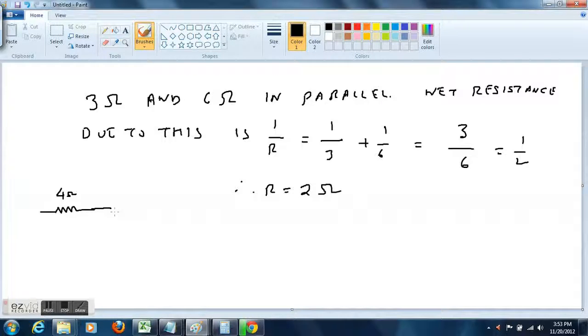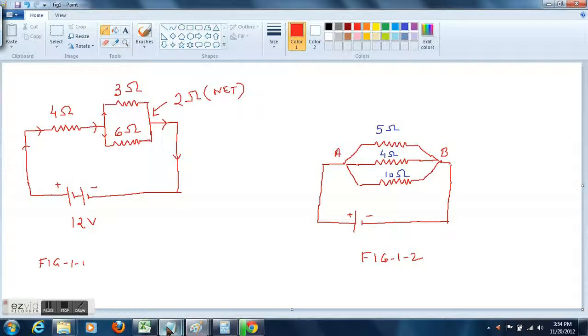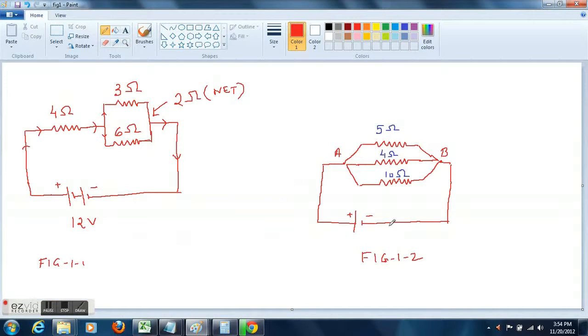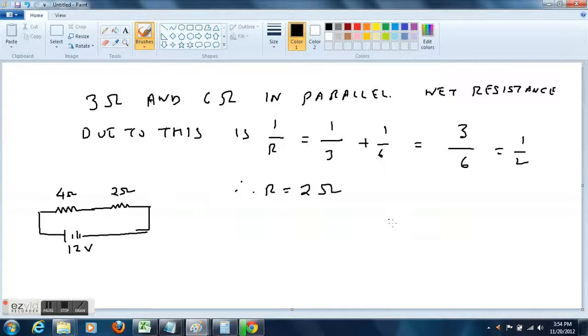Then what is the net resistance from 4 ohm and 2 ohm? Because they are in series, it has to be 4 plus 2, that is 6 ohms. So net resistance R equal to 4 plus 2 equal to 6 ohms.